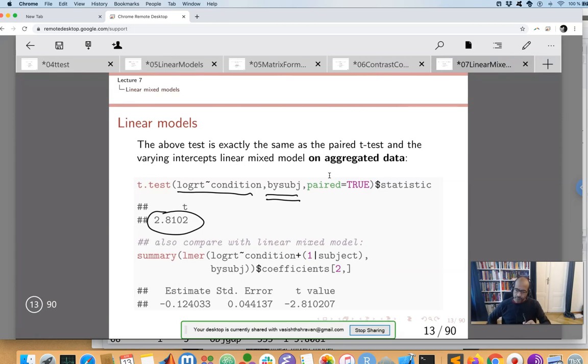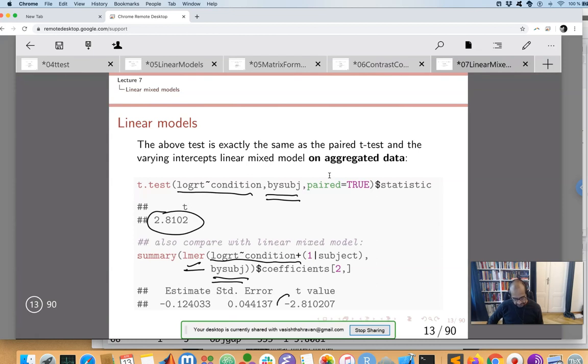Okay, but I want to blow your mind even further, because I can take the aggregated by subject data and fit a linear mixed model now. Of course, I have not explained what that is, but I'm going to now. I'm going to use this lmer function to again fit a linear mixed model for the entire data set, the aggregated data.